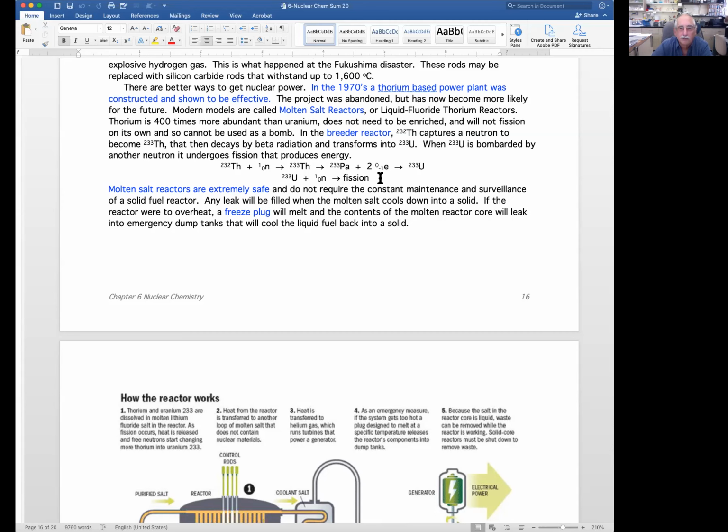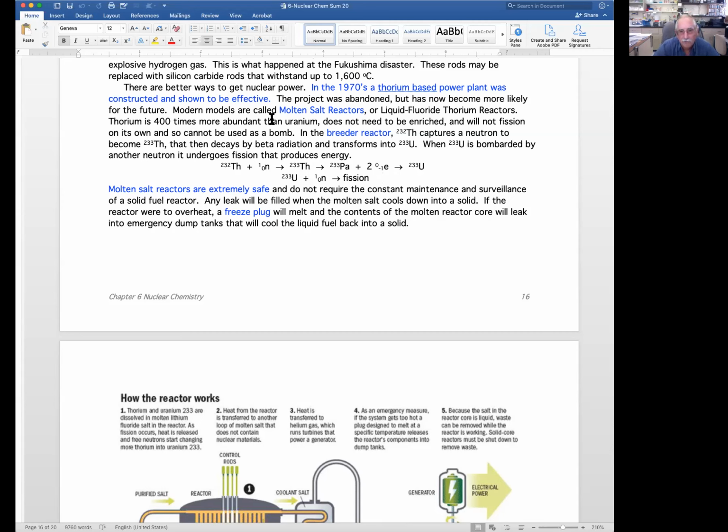So in other words, you don't have uranium as the starting material. You make it yourself. You breed it yourself. So you don't have to worry about people trying to steal your uranium, and you can generate it whenever you need it. You don't have to store it.